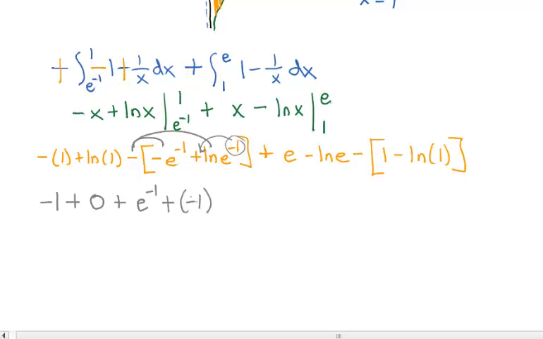So a negative negative makes it a positive. Plus e minus the natural log of e, which is 1. Distribute the negative, minus 1. Distribute the negative. Negative times a negative is a positive, and the natural log of 1 is 0.